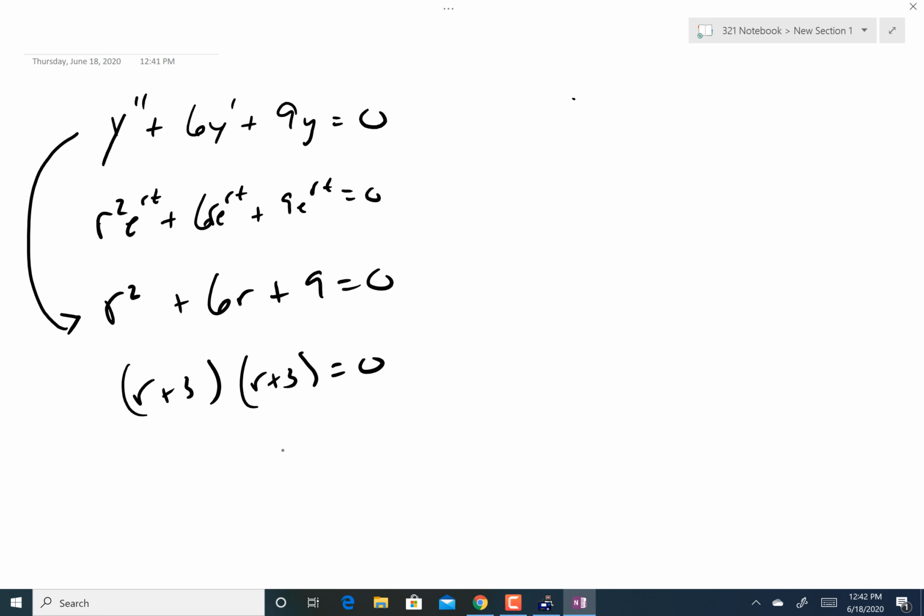Okay. And you may remember, or you may not, from a video earlier, I said this would come back to us. When you have a repeated root, they will always be these. Sometimes the book writes it this way, sometimes that way, sometimes like this.